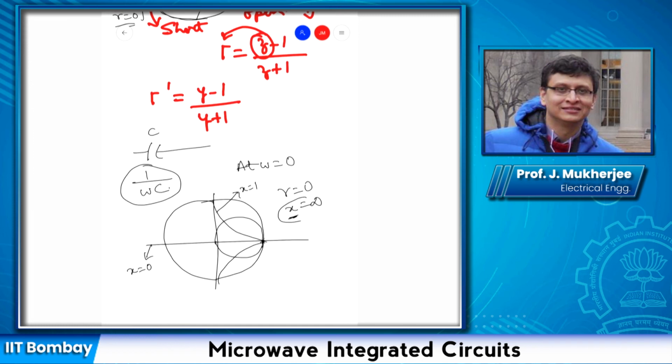In the extreme case, when x is equal to infinity, it will become a point. So this point corresponds to r equal to 0, because this is still the r equal to 0 circle, and x equal to infinity. So at omega equal to 0, we start from here, and this is still the open.